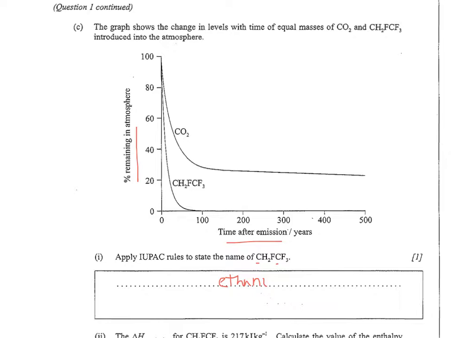And there are 4 fluorines substituted on it, so it's going to be tetrafluoroethane. Then I have to tell you where those fluorines are located, and it's 1,1,1,2-tetrafluoroethane.